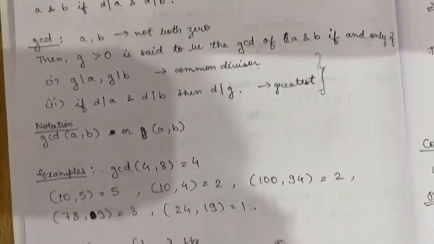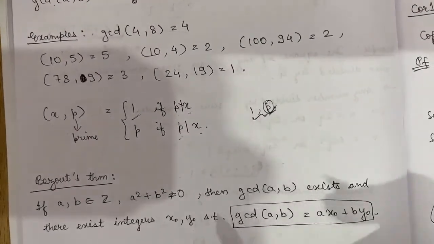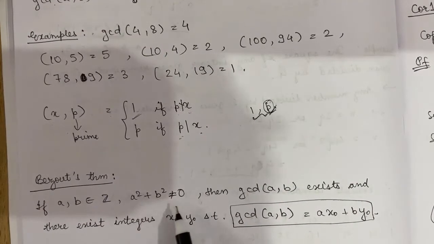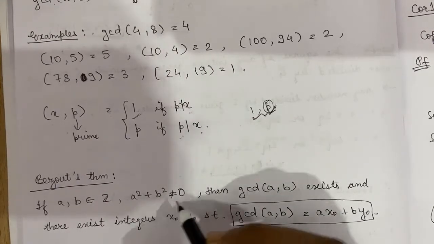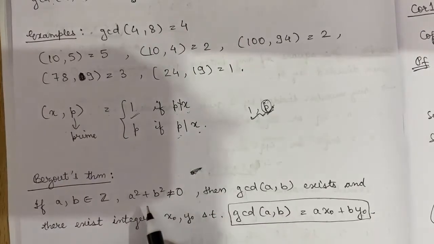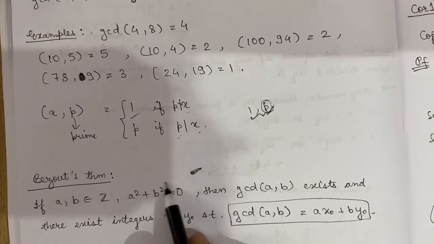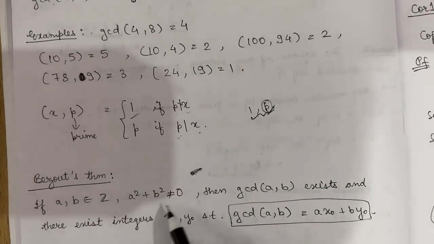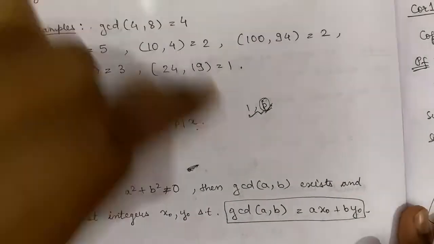So Bezout's theorem basically gives the existence proof that given any two integers not both 0, the GCD would exist. A square plus B square not equal to 0 basically means A and B are not both 0. If A and B were both 0, then this number would be 0, and otherwise if one of them is non-zero, then this number would be positive. So this number would not be 0.